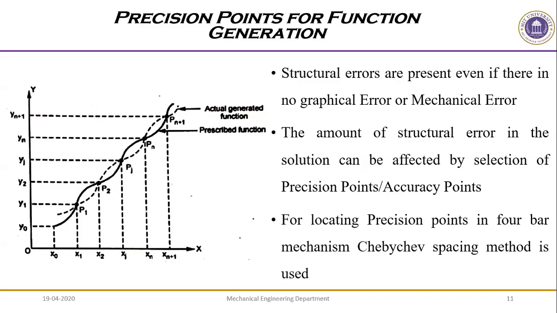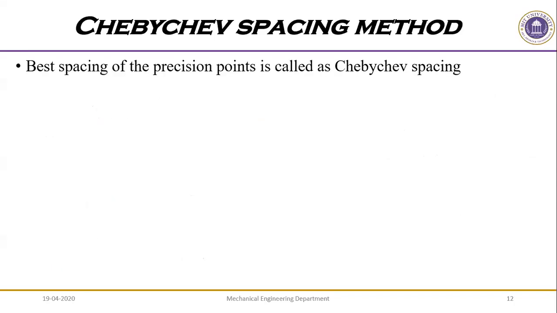For locating precision points in a 4-bar mechanism, Chebyshev spacing methods have to be used. What do you mean by this Chebyshev spacing? The best spacing of the precision points is called Chebyshev spacing.